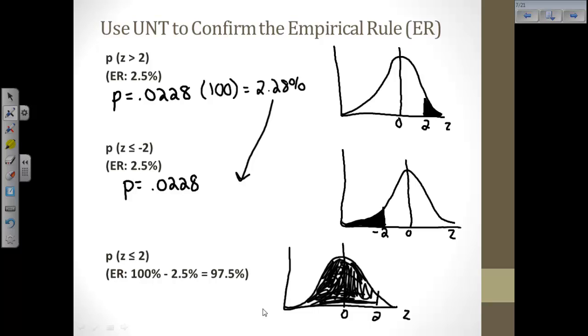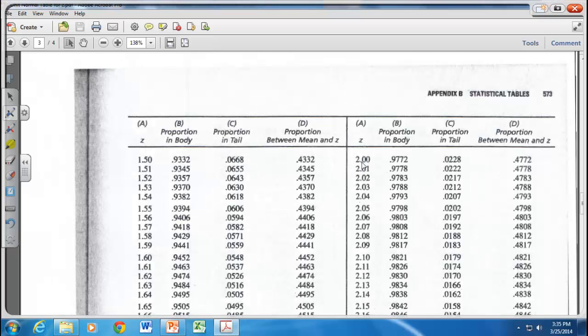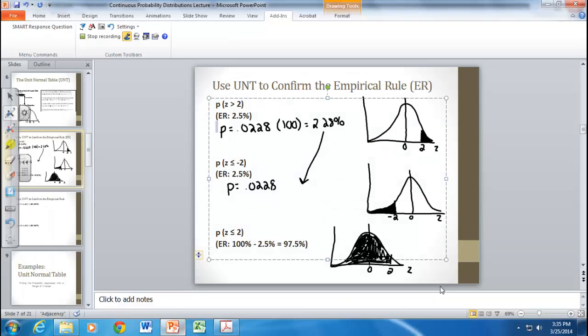So when we go back to the unit normal table, we'll still be looking for a z-score of 2, but we're going to look in the proportion in the body instead of the tail because we're looking at the larger part of the graph. Z-score of 2, proportion in the body, 0.9772.